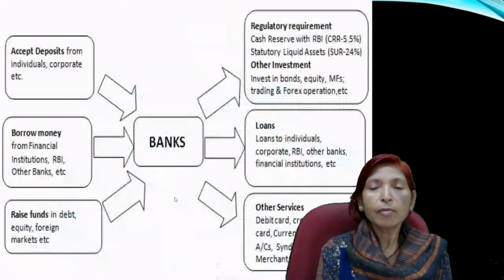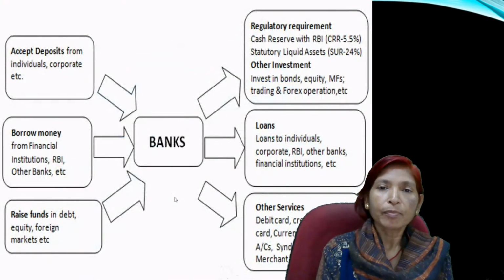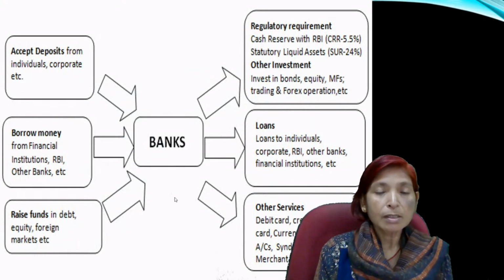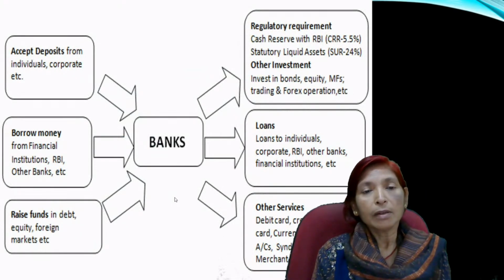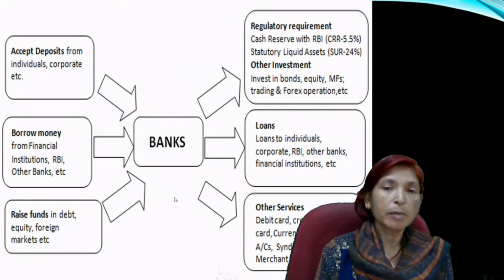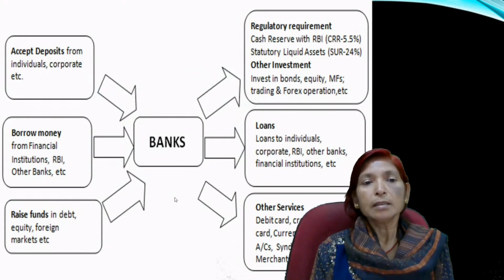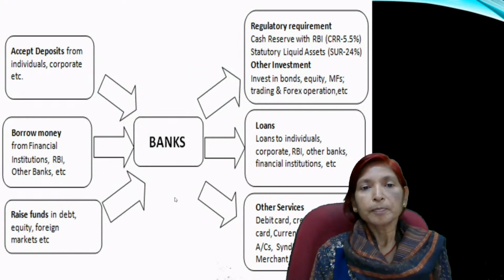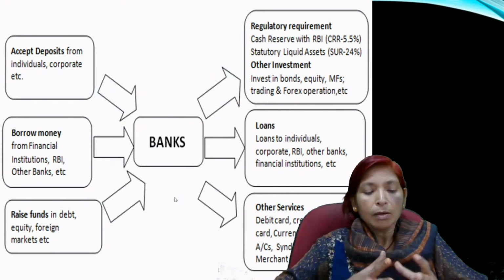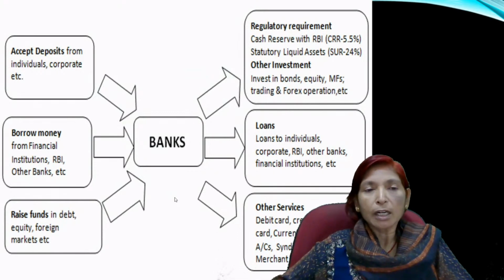Now next, what is the main function of banks? What are the various functions performed by the banking system? You know that the Reserve Bank deals with organization, management and controlling.